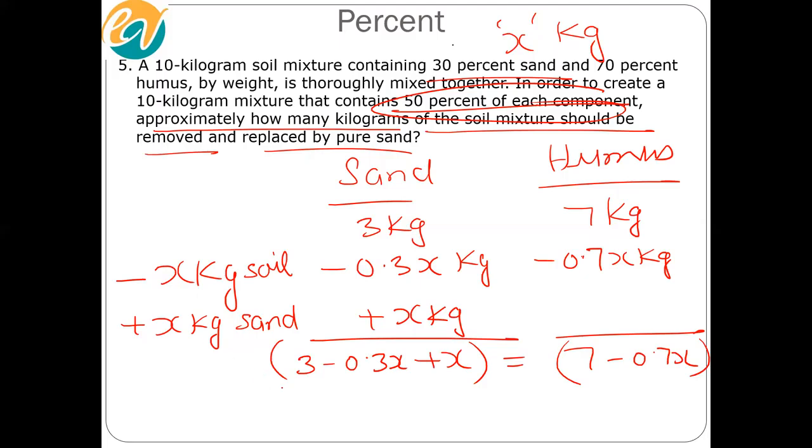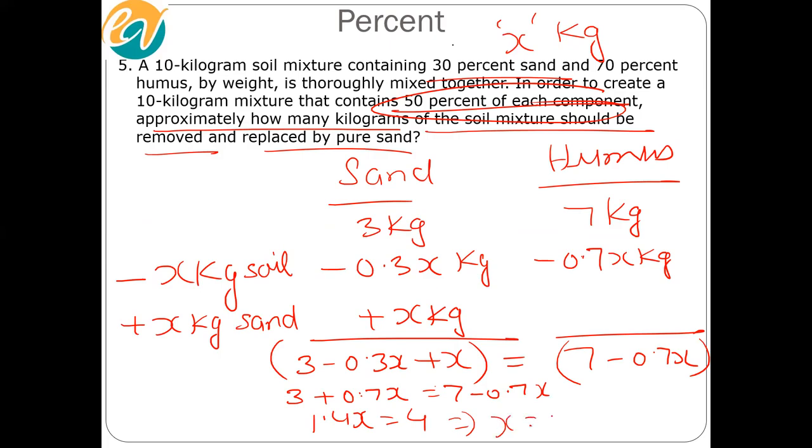So now this is easy. You just solve this. 3 plus 0.7x is equal to 7 minus 0.7x, right? So 1.4x is equal to 4, 7 minus 3.